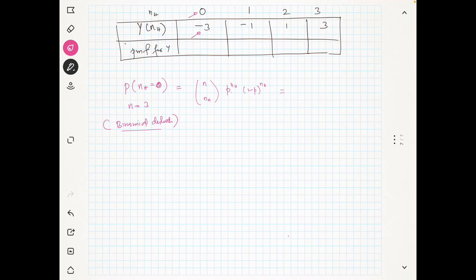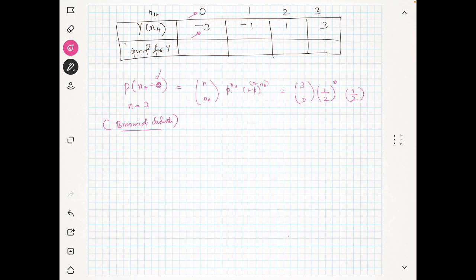So this is 3 choose 0 into the probability of head, which is 1 by 2, raised to the number of heads, and nh is equal to 0. Then 1 minus p is again 1 by 2, so 1 by 2 power n minus nh.